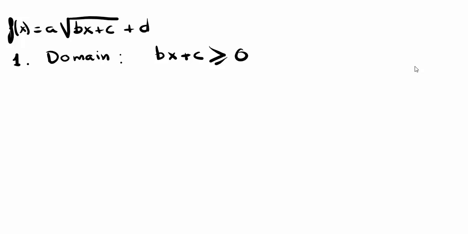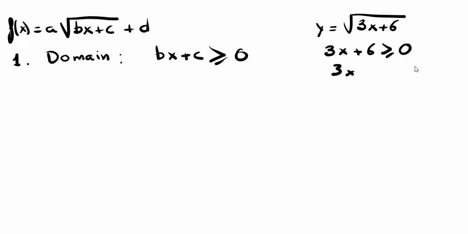For example, if I have the square root of 3x plus 6, I'll have to calculate 3x plus 6 higher or equal than 0. The 6 I send to the other side, 3x higher or equal than minus 6.